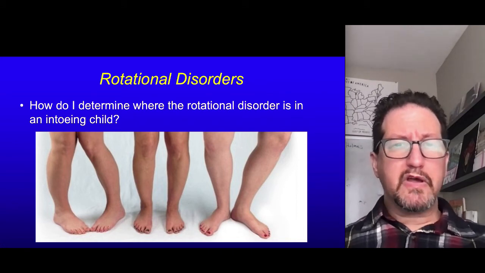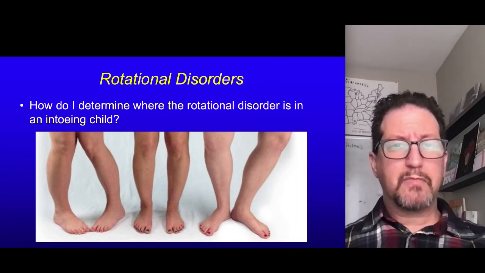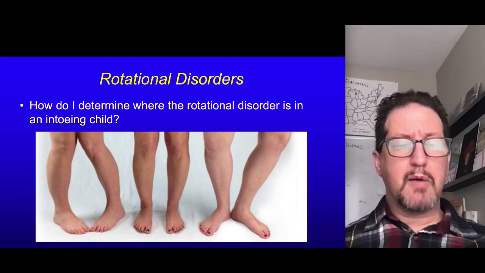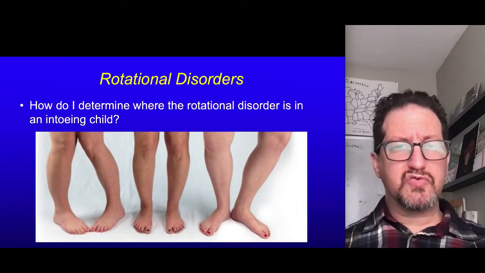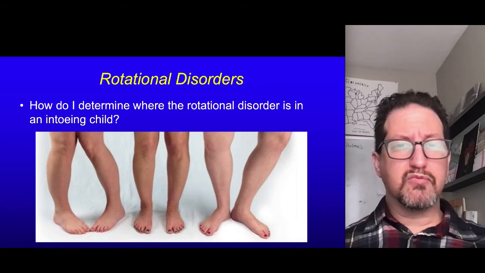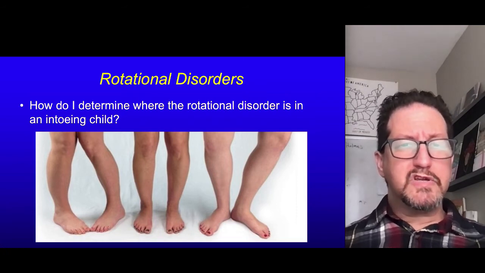So if you take a look at the lower extremities in the middle picture, the right lower extremity, if I look at the knee first, so I'm looking at the patella, I can see that the patella is staring straight at us. And then the foot, of course, is completely rectus. Everything is straight. This person does not have in-towing. So that one is our normal.